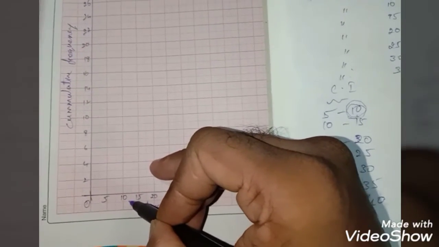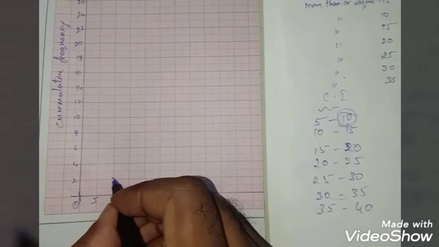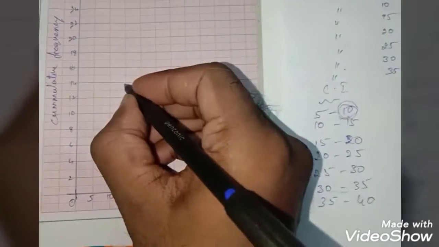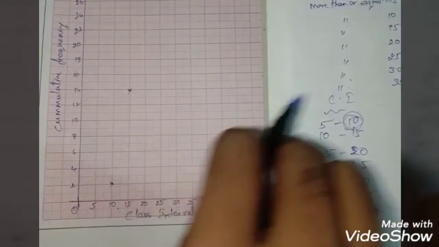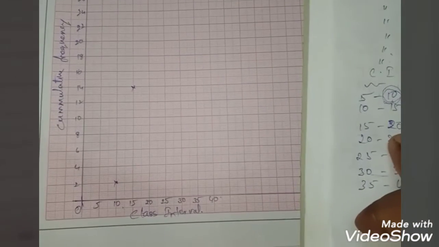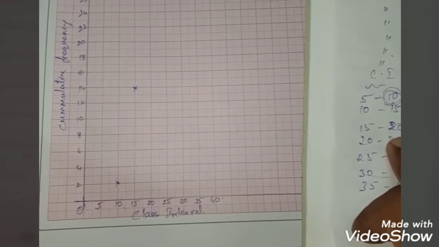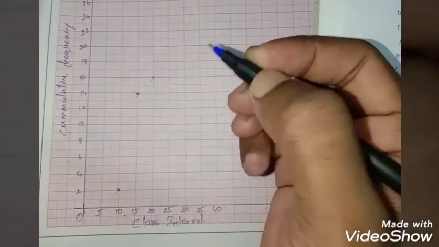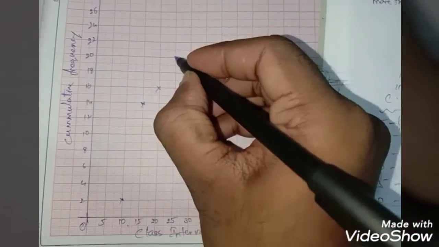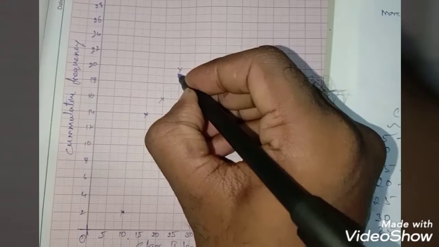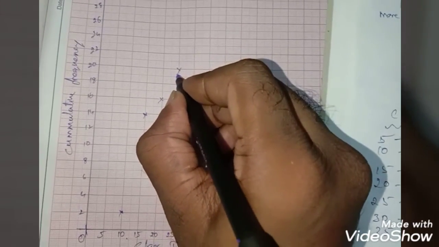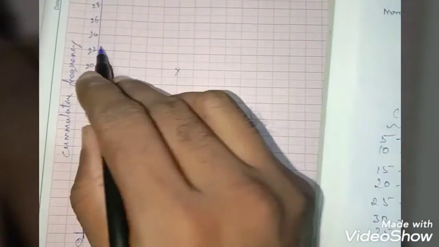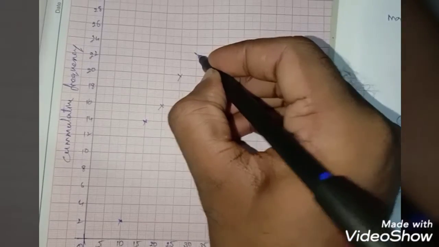This is 10. For 10 we have 2. Next for 15 we have 14, for 20 we have 16, for 25 we have 20, and for 30 we have 23. 23 is in between 24 and 22.